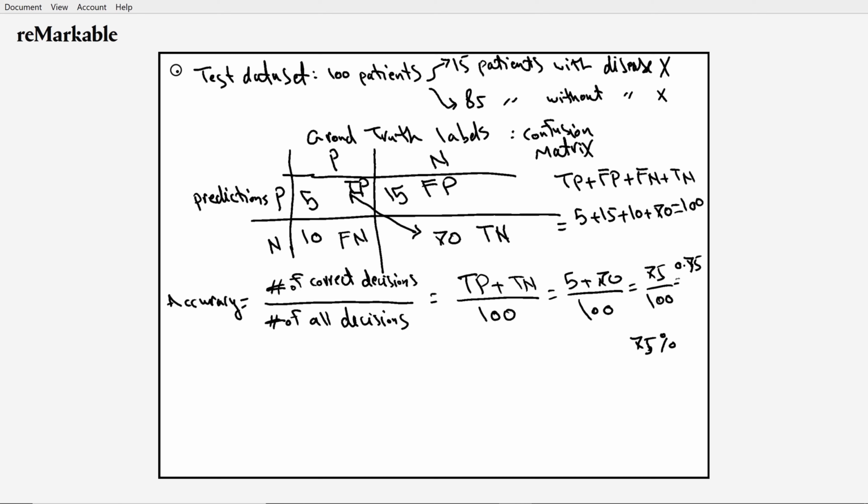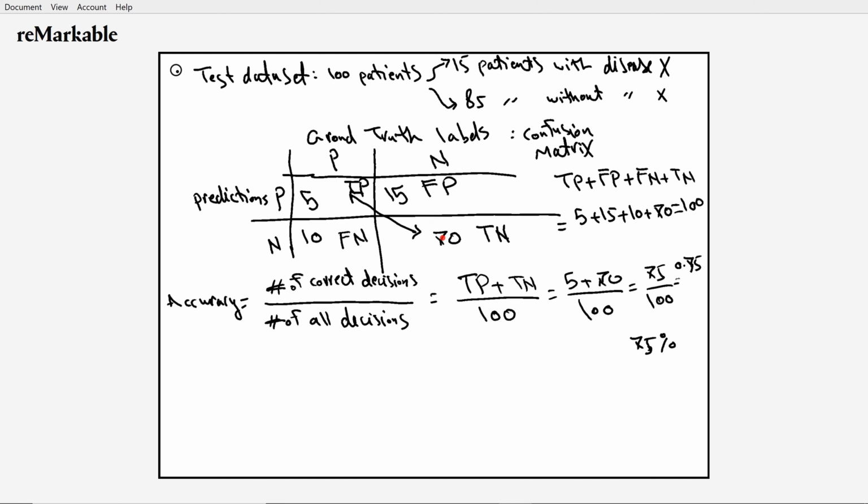If you look at my confusion matrix of 100 patients, the 2 numbers under the ground truth column N are the total number of negatives, patients who do not have the disease. We have 85 patients that do not have the disease, and you see that number 85 is distributed between 70 and 15.